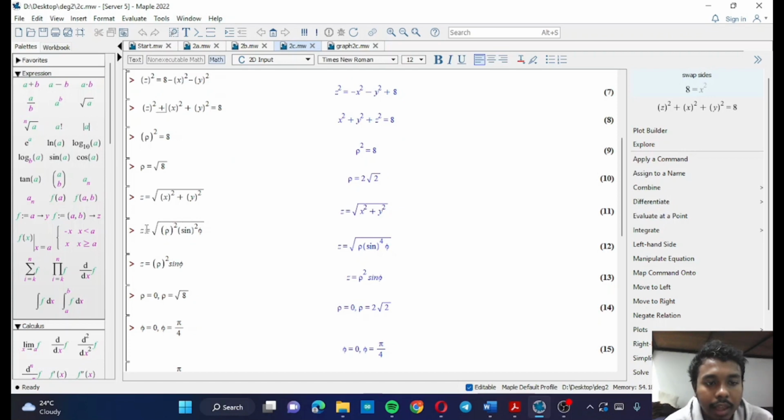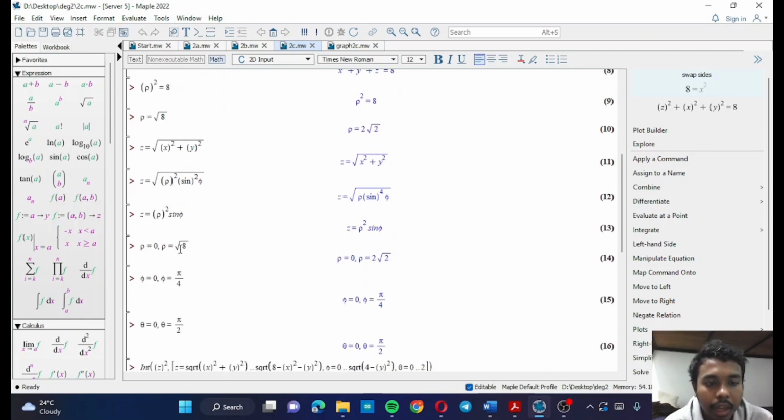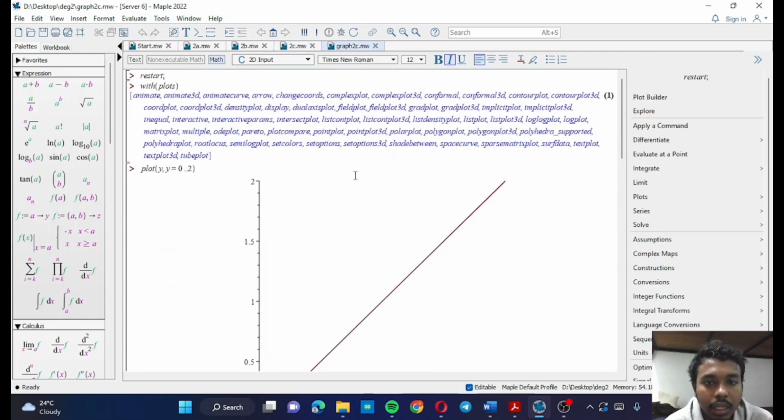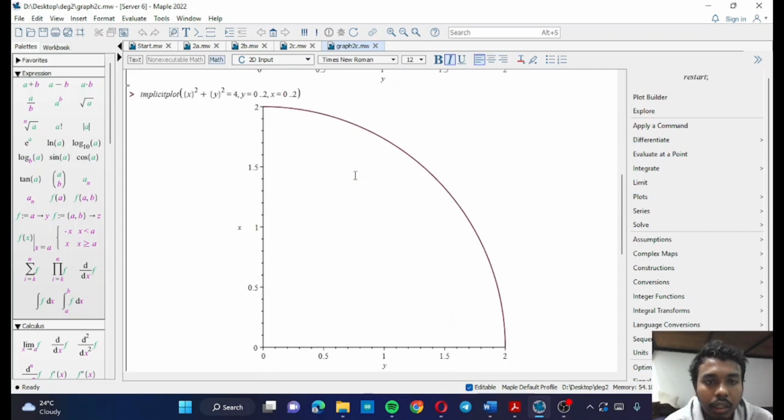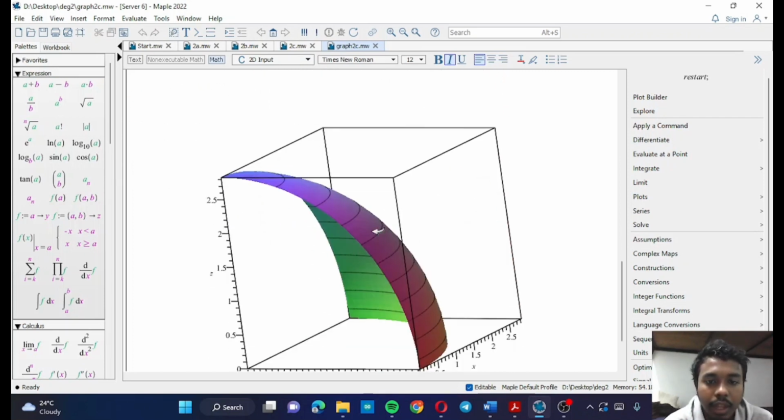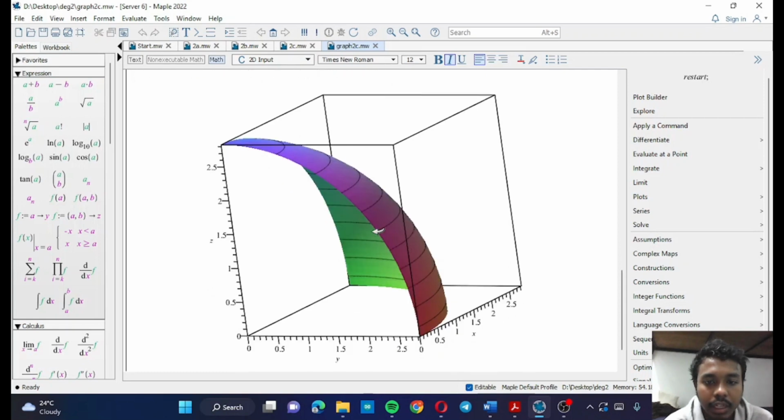And then we know that z is equal to rho to the power of 2 sin phi. And then I type the graph for the 2D picture first, and this is the first octant that we need to find, and this is the 3D diagram.